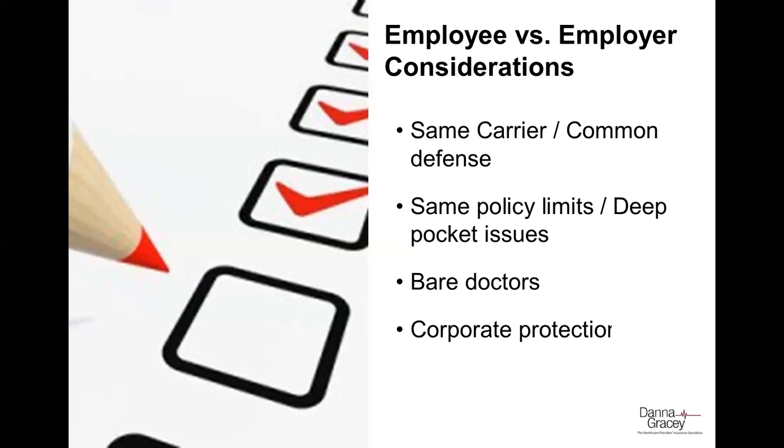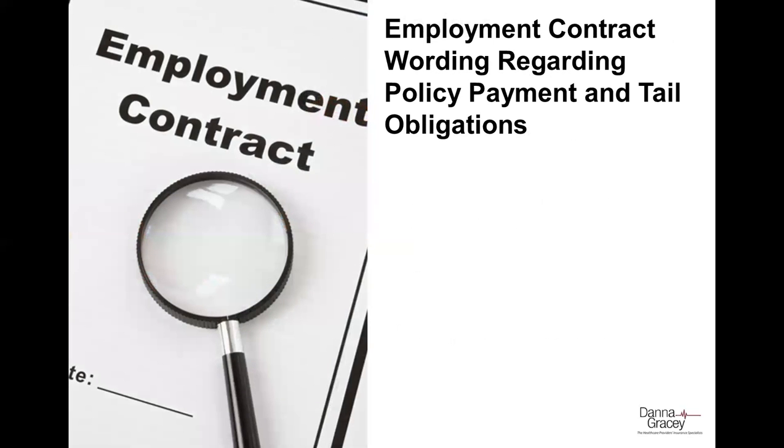Let's talk about one of the things that really can become very troubling in regards to doctors leaving, and actually when you're practicing, during the time they're with you, it's important as well to get the employment contract language right in regards to malpractice insurance.